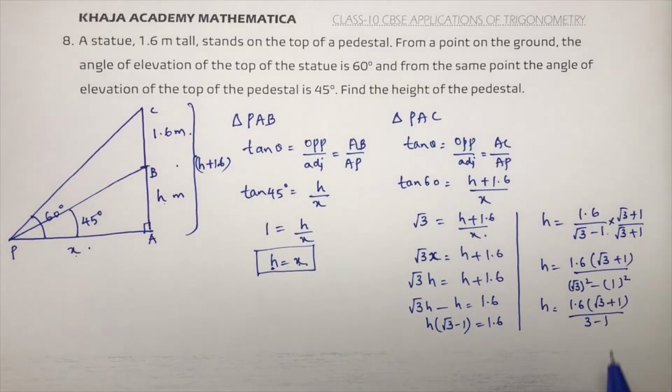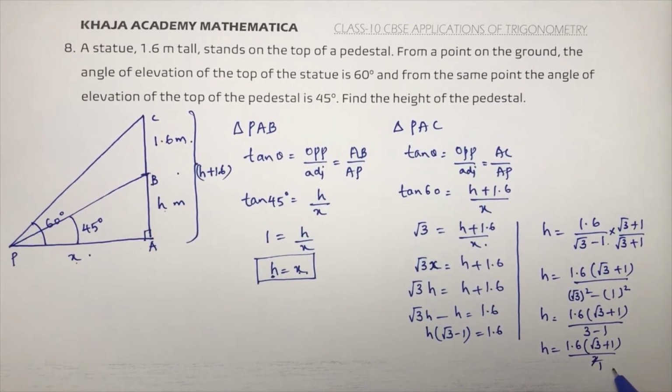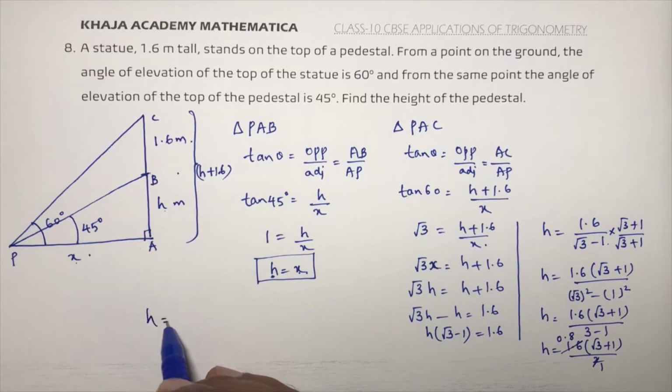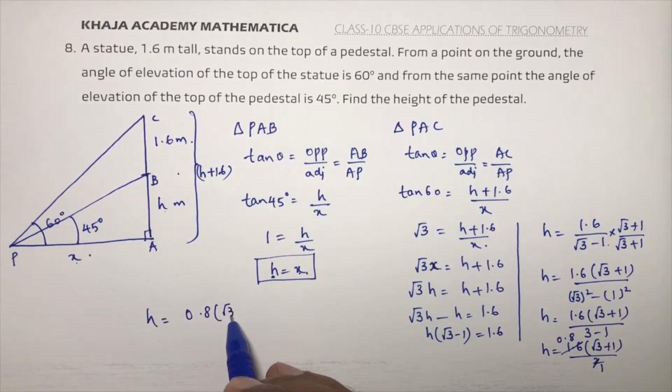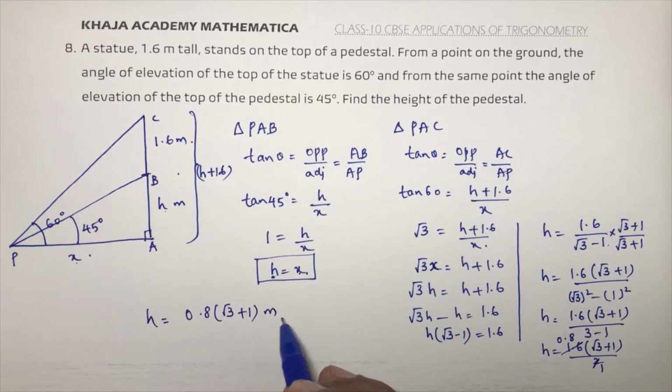So h equals 1.6 into root 3 plus 1 by 2. 1.6 by 2 is 0.8. So the height of the pedestal is 0.8 into root 3 plus 1 meters. Units compulsory.